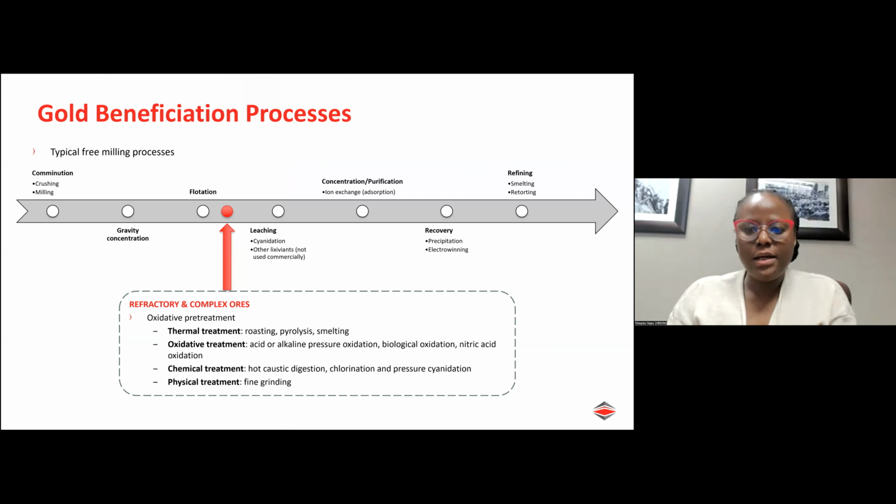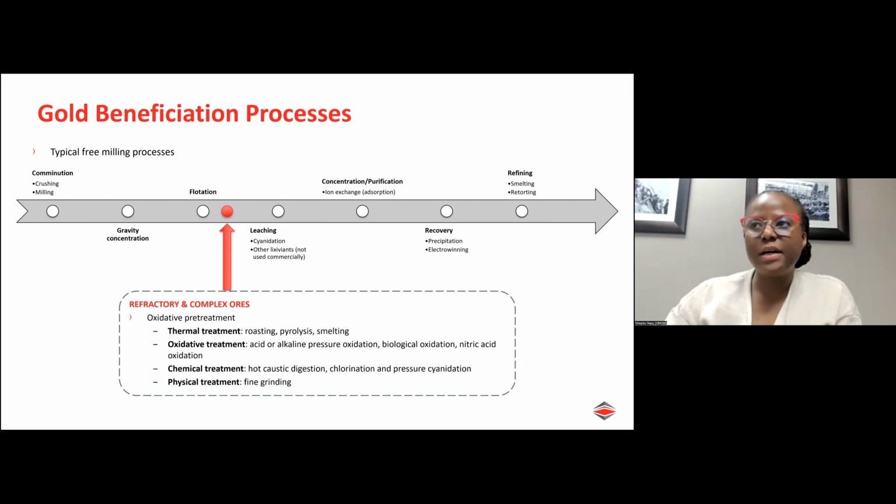So typically, if you have a complex ore, that pretreatment stage then comes before leaching. And that is to liberate your gold minerals that may be locked up by refractory minerals, so that you can improve your recovery. Also, it is important to note that not all of these processes will be applicable to all circuits.